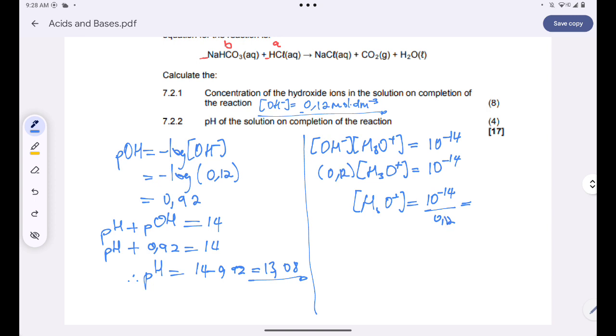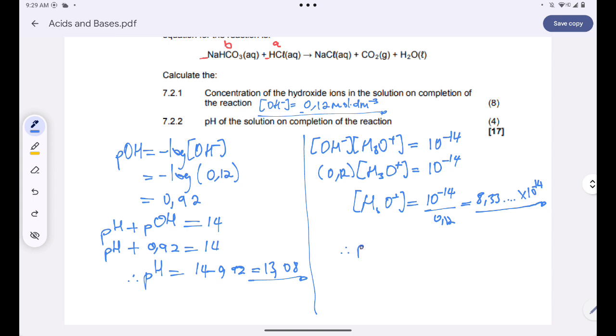Just to refrain from rounding off, I get 8.33, the 3's are recurring, multiplied by 10 to the negative 14. This is in moles per cubic decimeter, right?